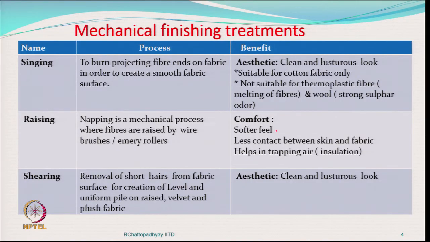Singeing is to bring down the number of hairs to give a clean look. In some cases we may need a fabric where we need a lot of projecting hairs for some other purpose. So, by doing this we get a softer feel of the fabric, and it can also lead to less contact between the skin and the fabrics.